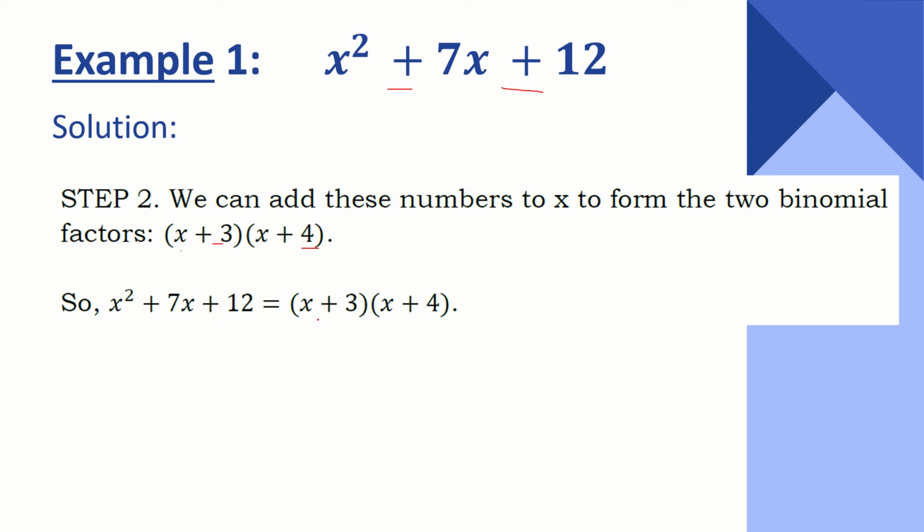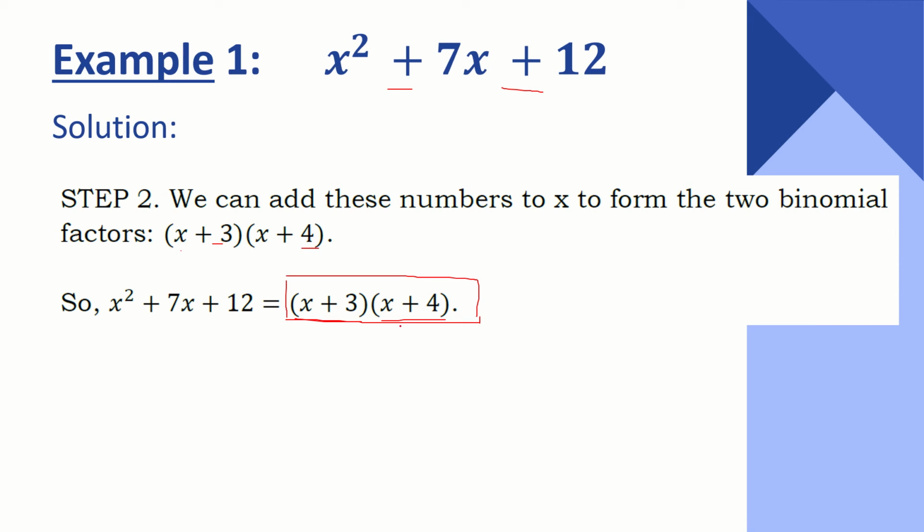So the factors of x squared plus 7x plus 12 are x plus 3 and x plus 4. Mao na ni siya ang factor ni x squared plus 7x plus 12. You can see, pag i-multiply si 3 og 4, 12 iyang answer. Pag i-plus si 3 og 4, 7 ang iyang answer.